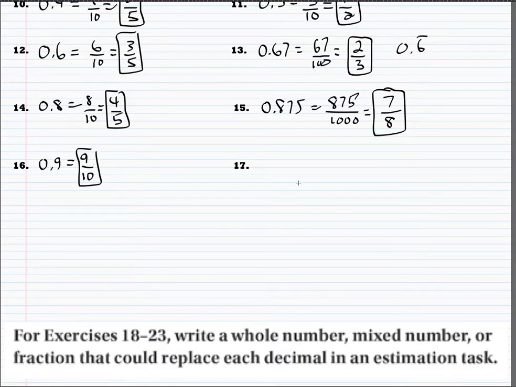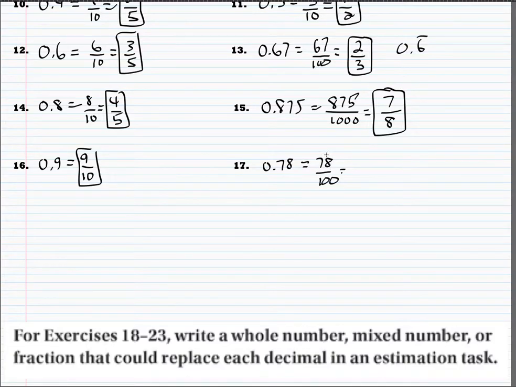All right, and the last one in this section is 0.78, which I can write as 78 hundredths. That could be reduced even further, but that's not what we're looking for there. We're looking for a benchmark that's close to this.